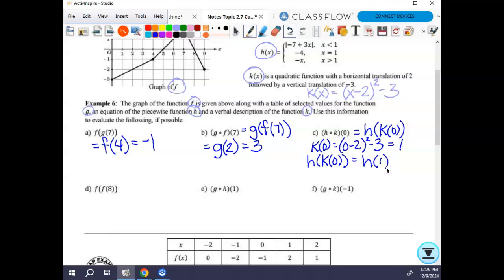H is that piecewise function. These little domains out here tell you which piece you're supposed to be using based on your input. My input is 1. It tells you right here when x equals 1, this is what the function value is. So that answer is -4. Okay. What questions you got? Are we good on where everything's coming from? Okay, then you do D, E, and F.